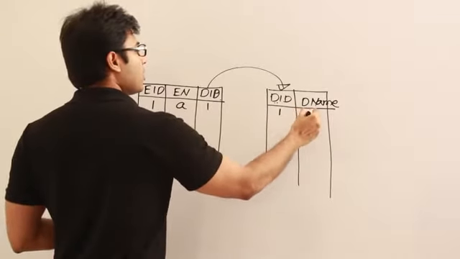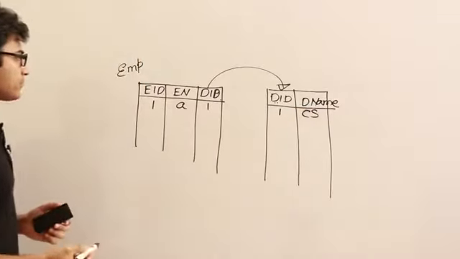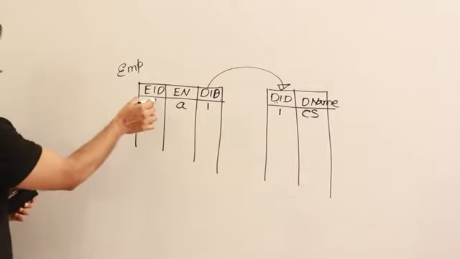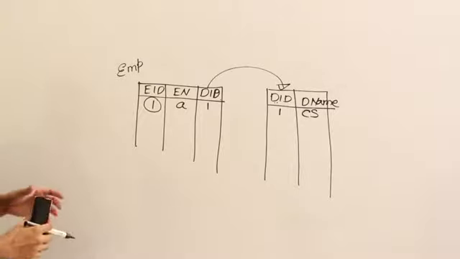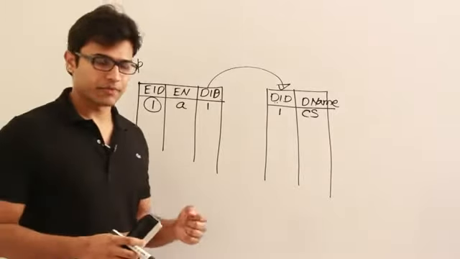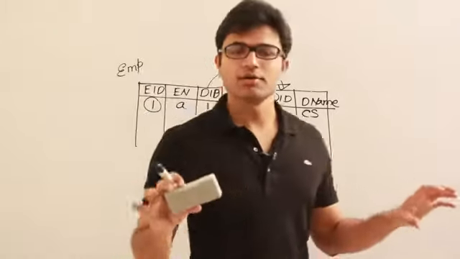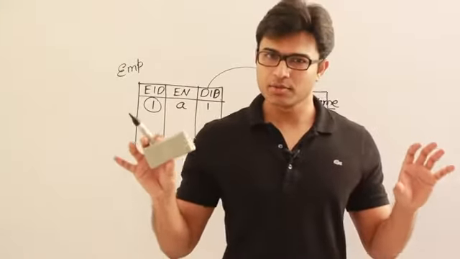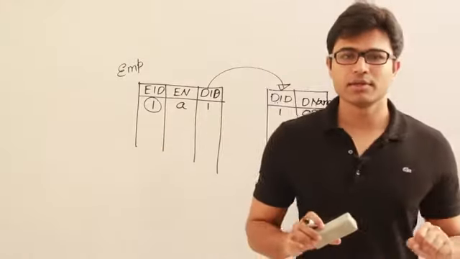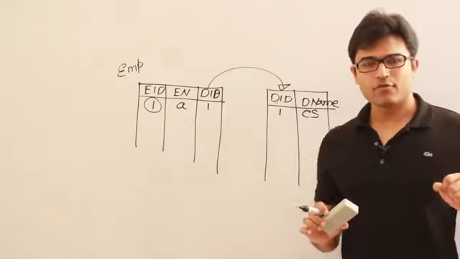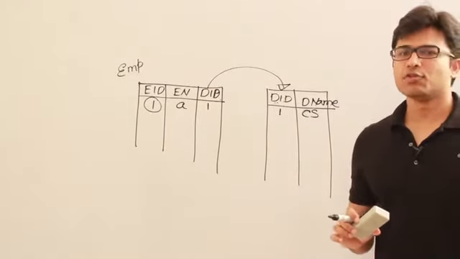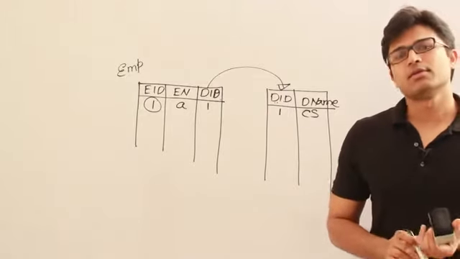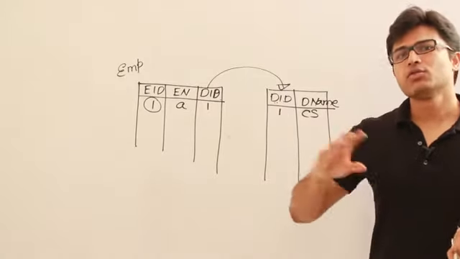Now if you want to see the department in which employee number 1 works, what is the name of the department, such queries are very often possible. This means we have many relations or tables in our database, and someone might be interested in information which requires going through many tables.